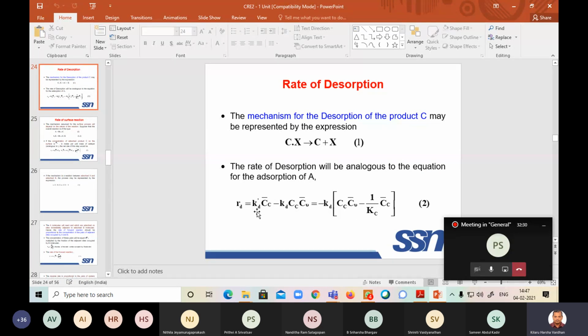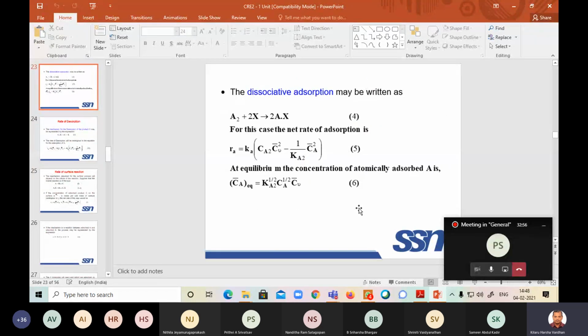You are writing this KD divided by KD star as a capital K. So capital K is different, small k is different. Small k will give you either the forward reaction or the backward reaction, whereas capital K will give you the equilibrium constant, which is 1 over the other. Understand? So with that small thing, please try to derive it.